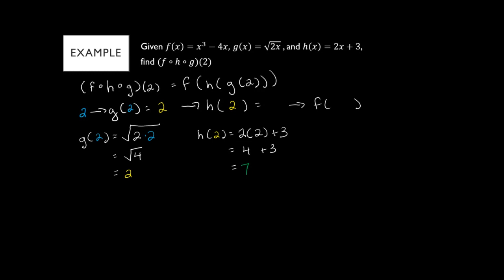So now our output is 7, and that's going to be plugged into the next function, f. So now we're going to find f of 7. Actually, I missed one of my highlights here. Let me just complete that.